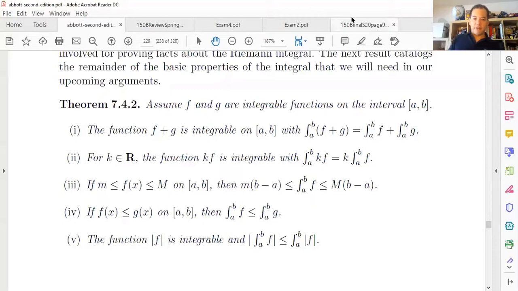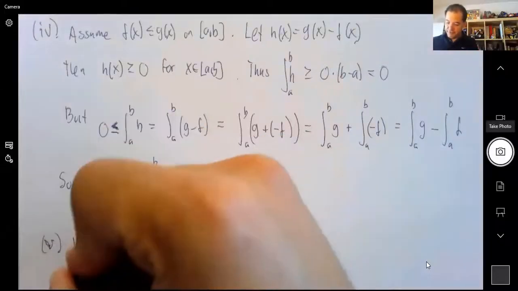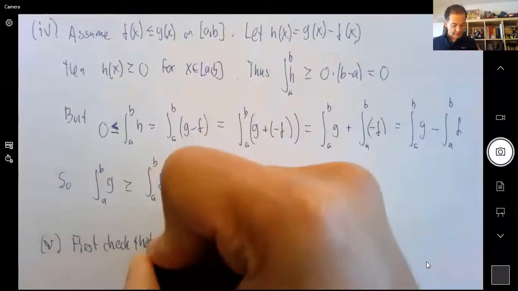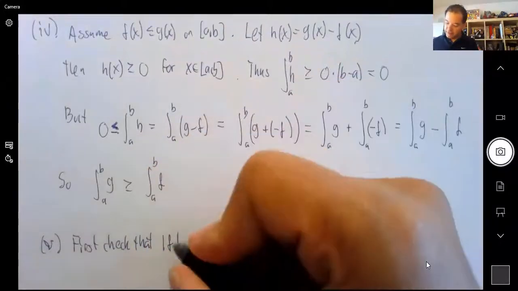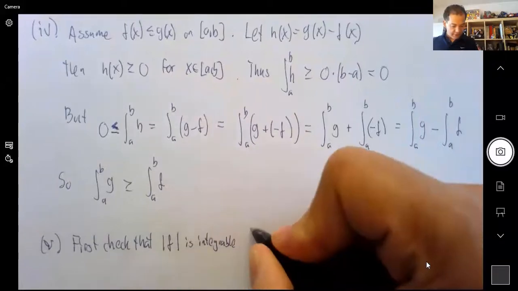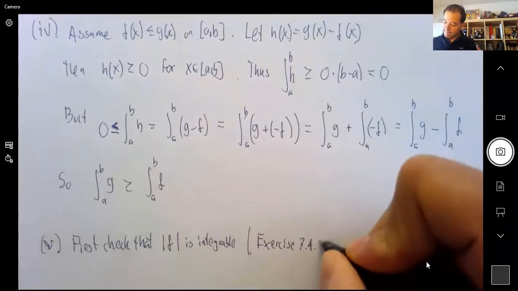All right. So there are two parts here, and I'm going to do one of them. Part one is, first check that the absolute value of f is integrable. This is exercise 7.4.1.